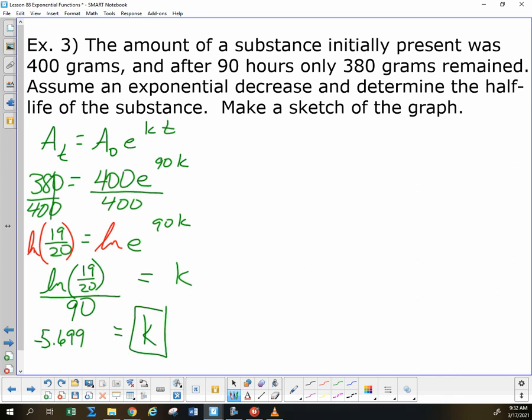And now we've stored it. Our general formula is the amount at time t is starting amount 400, e to the natural log of 19/20 all over 90 times t. We want to know the half-life. Parker?